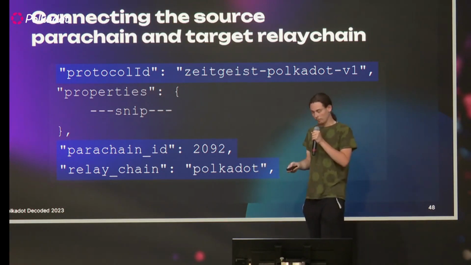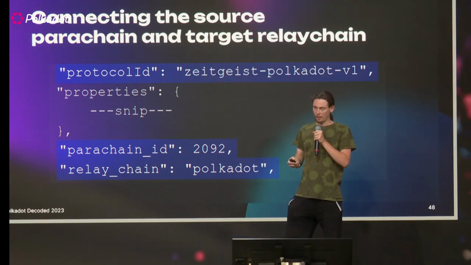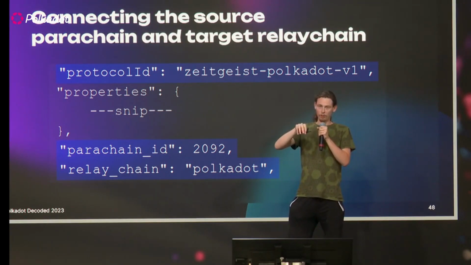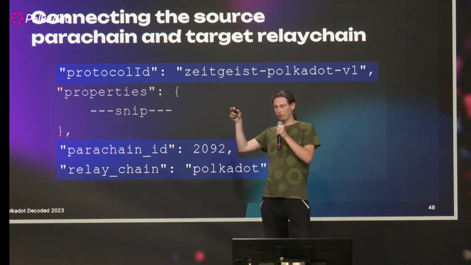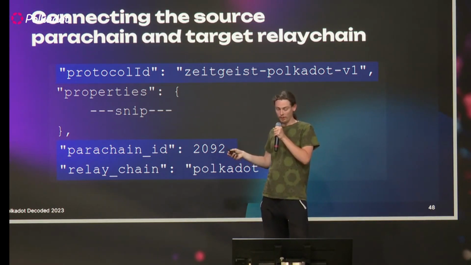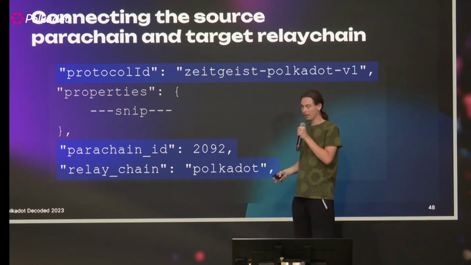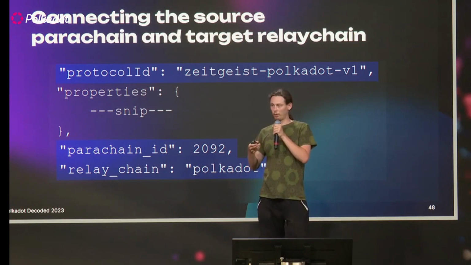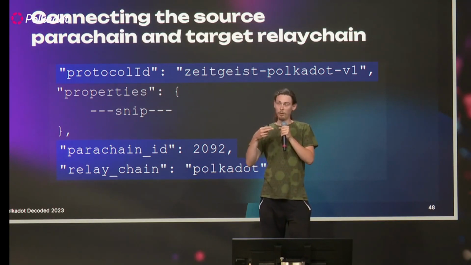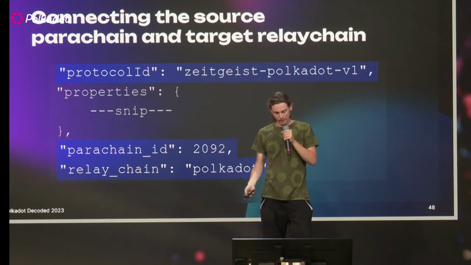So once you execute this chain spec using the data of the halted parachain, it will connect to the target relay chain, in this case Polkadot. And since you adjusted the state and the runtime logic on Polkadot for the parachain already, in case you did it correctly, it will also be able to go on producing blocks.